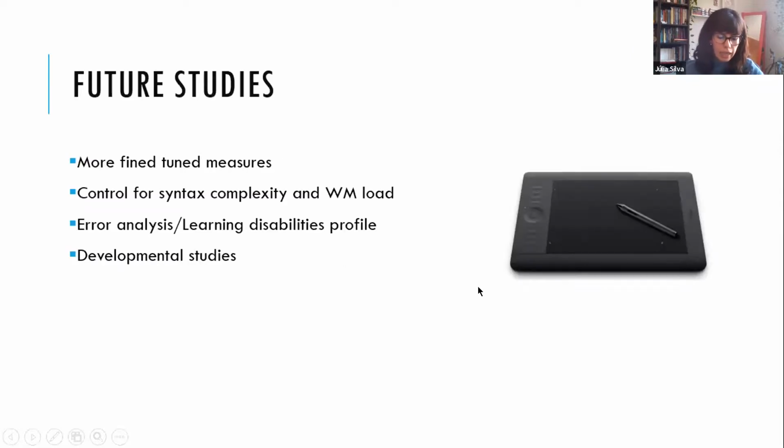And I think that future studies on that would benefit from using more fine-tuned measures, such as assessing the tracing dynamics and the pauses, because maybe someone, a German person for example, did not write it in an inverted order, but it took longer to deal with that.